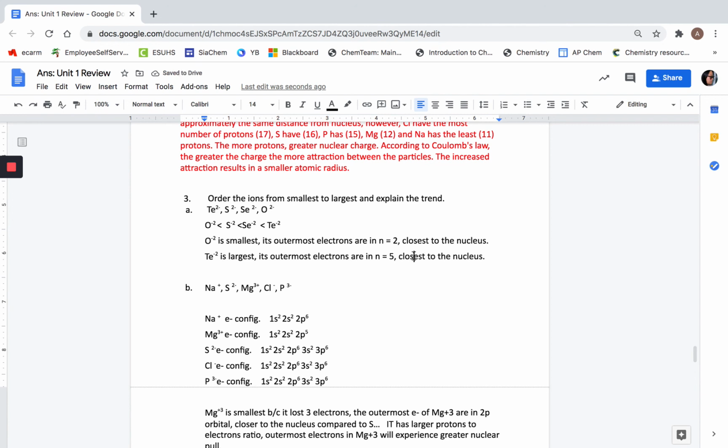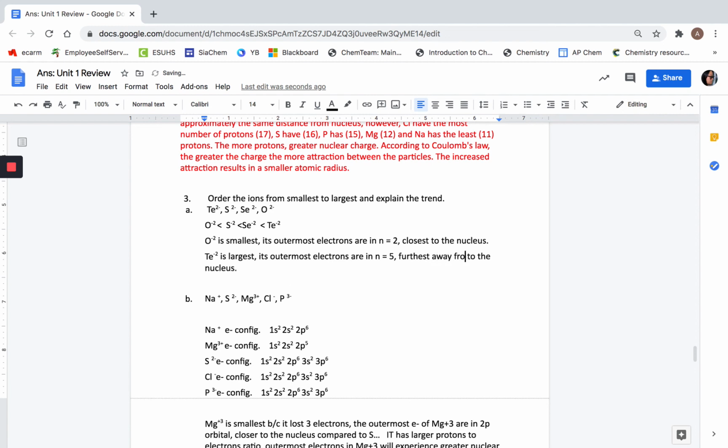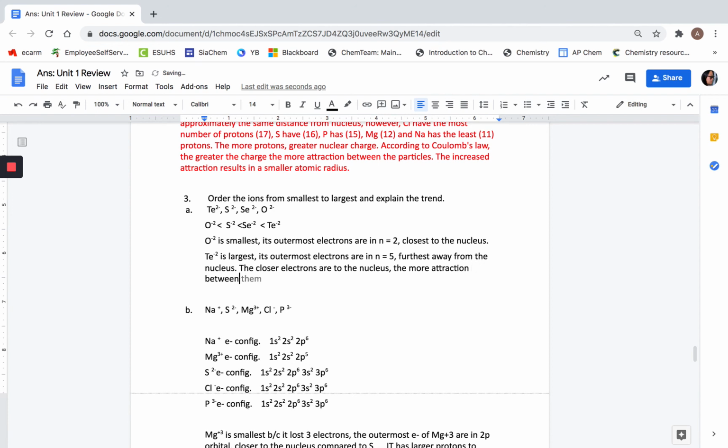So it is furthest away from the nucleus. And then we can say the closer electrons are to the nucleus, the more attraction between them.